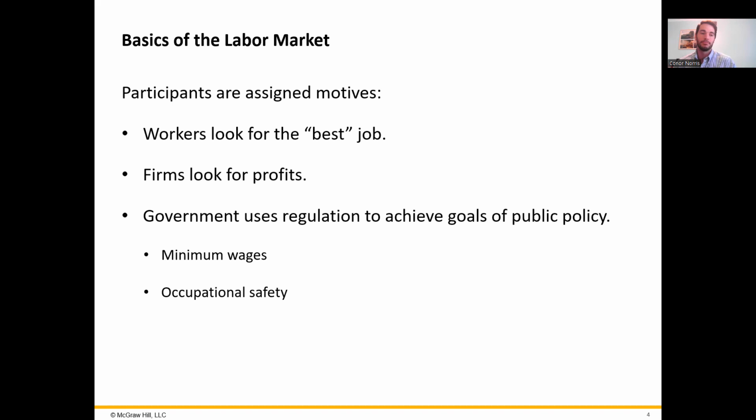So we have to consider both sides of the equation, the good and the bad. Now, it's worth noting, I said that firms look to maximize profits. That's the general case. In some cases, in the short term, firms want to do things like maximize revenue or maximize sales, but typically their long-term goal is to maximize profits. So we just simplify it and say firms look for profits.